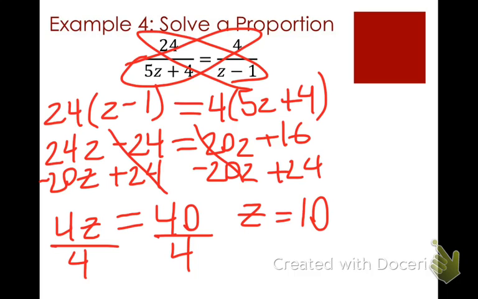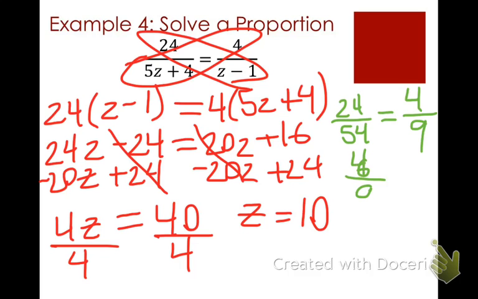So 5 times z, 5 times 10 is 50. 50 plus 4, 54, so we end up with 24 over 54 equal to 4 over, well, 10 minus 1 is 9. 24 and 54 have 6 in common. 24 divided by 6 is 4, and 54 divided by 6 is 9. And that's it.